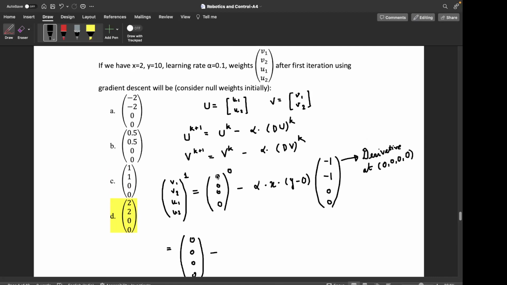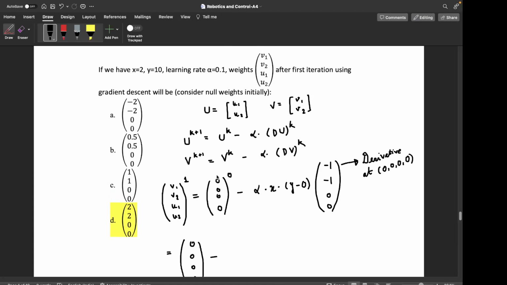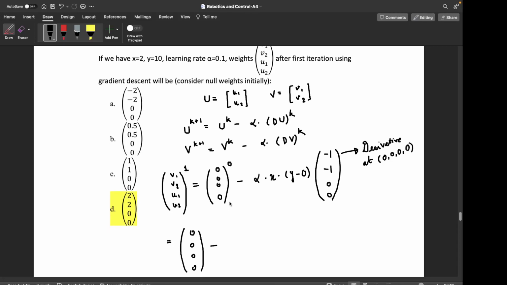So basically, the learning rate is what is called a hyperparameter, right? The learning rate will decide how fast the algorithm takes steps, basically. So you have to find a sweet spot. If the learning rate is very small, the progress will be very slow, right?